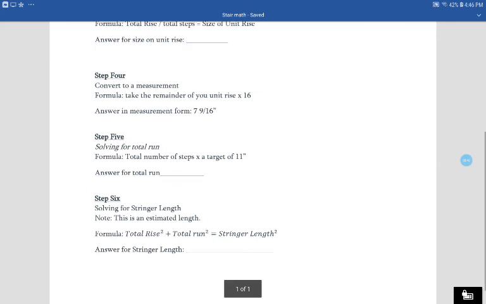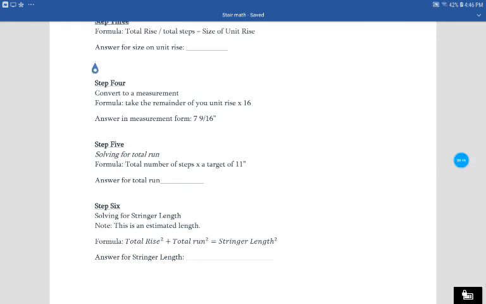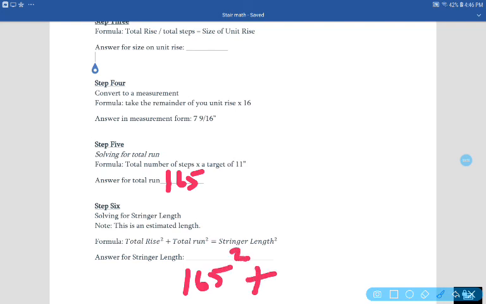So we had 165 here as an answer. So we'll plug that in here. 165 squared plus, I believe it was 102.5 squared equals the square root of c. So now you just simply enter that in your calculator.